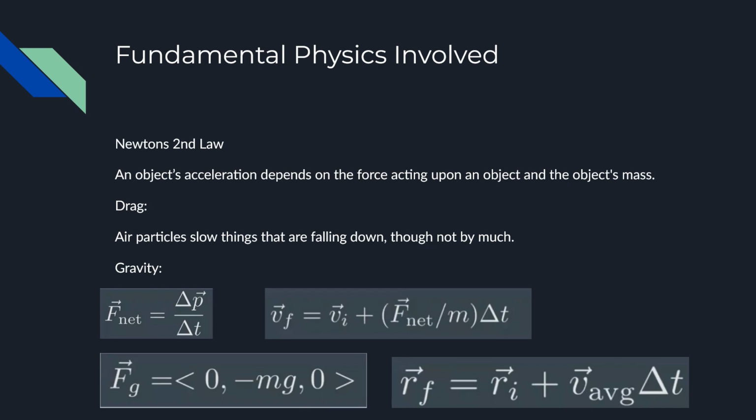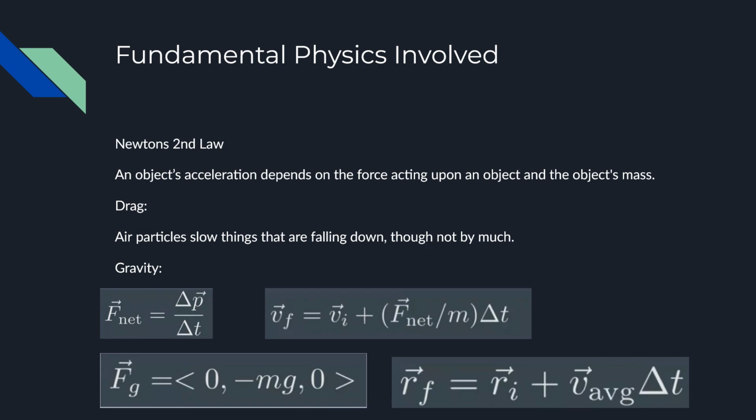And then gravity is the force that the Earth exerts on the object, so nothing too crazy. The net force gives the change in velocity over time: vf equals vi plus Fnet over m times delta t. Very easy, Newton's second law.